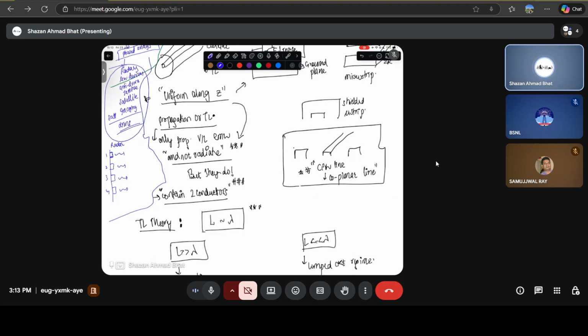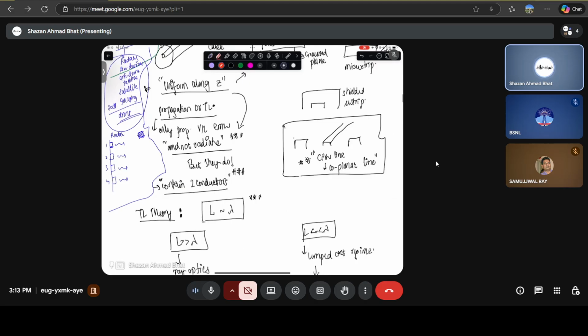Let's say the object is somewhere here, but the antenna is facing this direction. So the electromagnetic waves are mostly going in this direction. Some of them are also going in this direction, but mostly the direction is something like this.